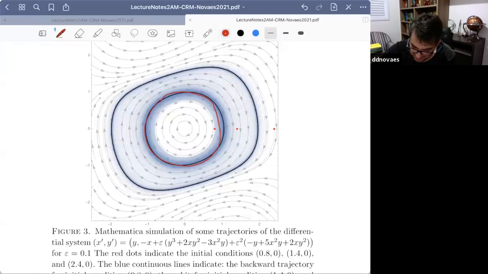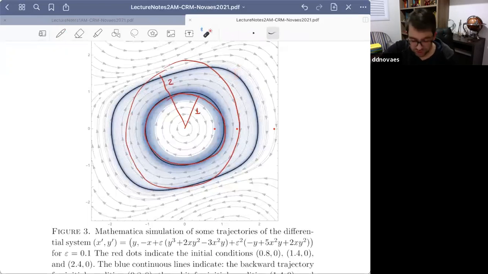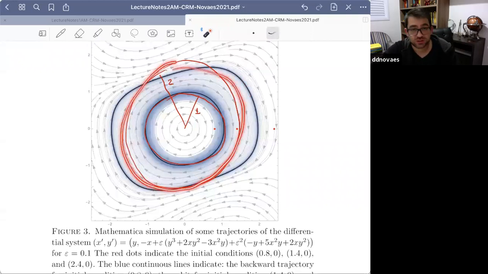It's terrible, my circle, but you know, a circle here with radius 1 and another circle here with radius 2. Then when epsilon goes to 0, this limit cycle is deformed into a circle with this radius. Okay.